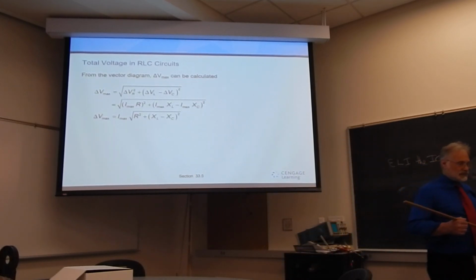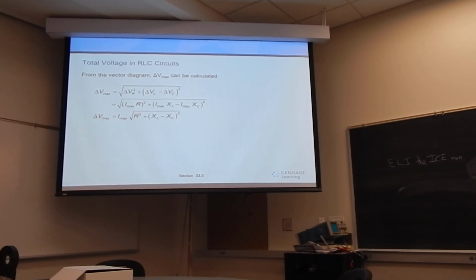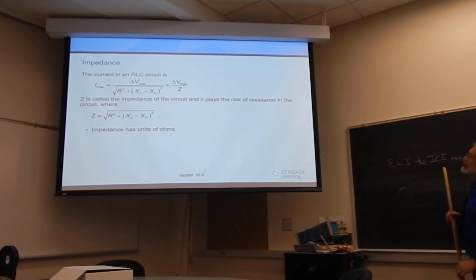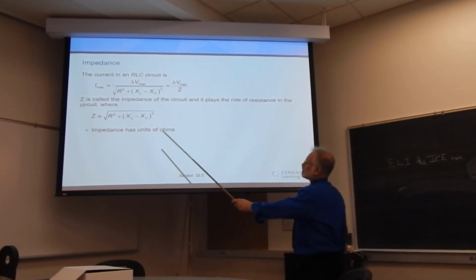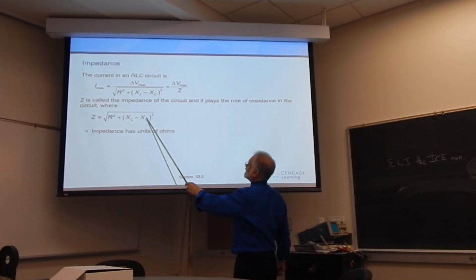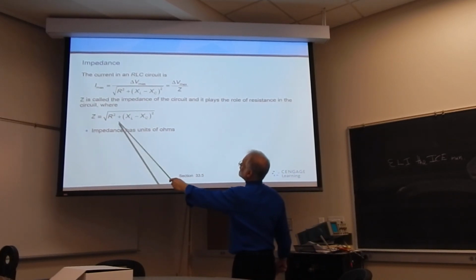Now, we define this quantity, the square root of R squared plus X sub L minus X sub C squared, as the impedance of the circuit.